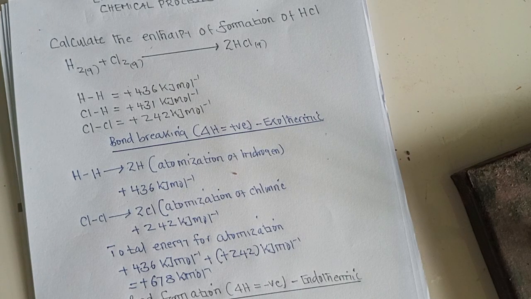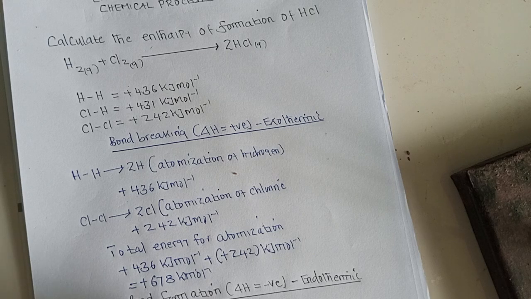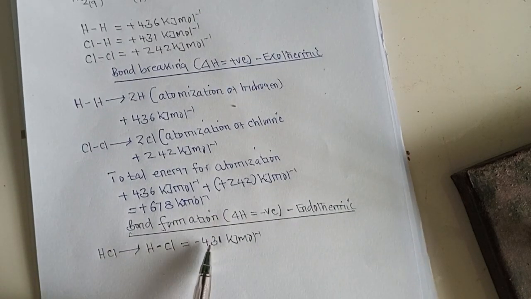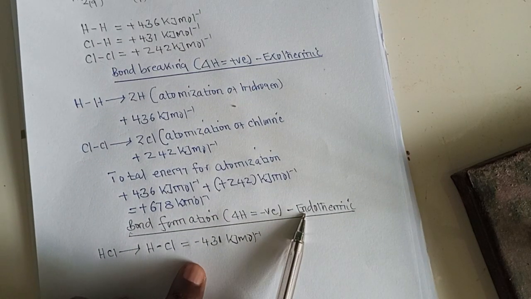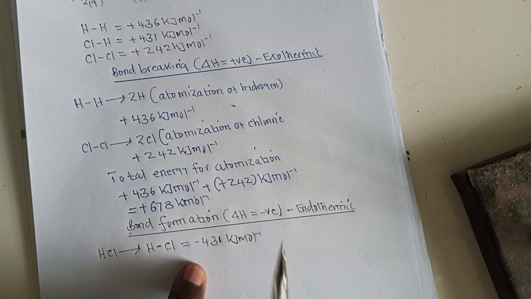So this is the bond formation. The value is negative 431 kilojoules per mole. Why a negative? To indicate the energy is released.